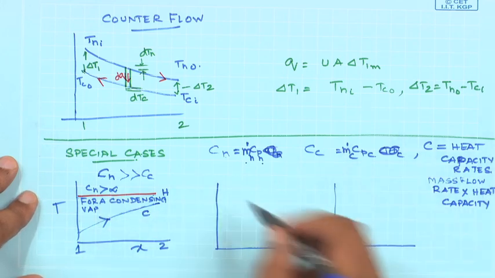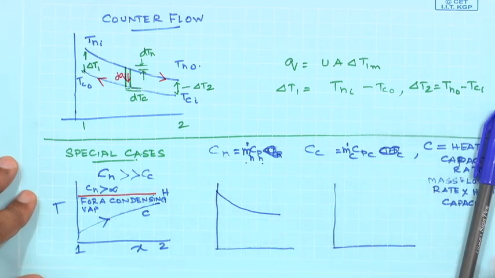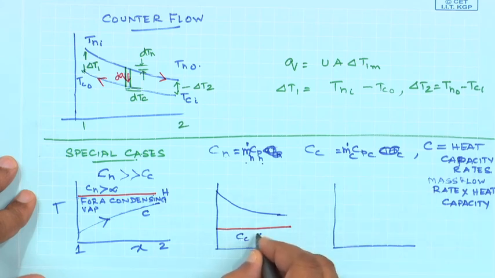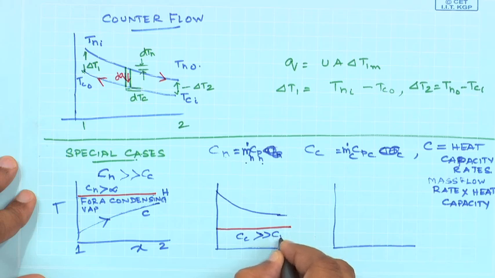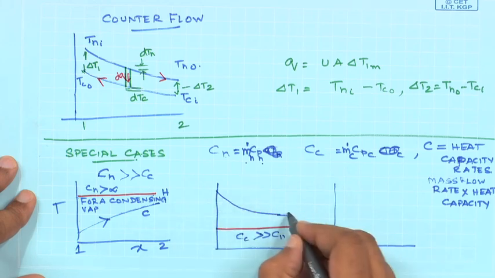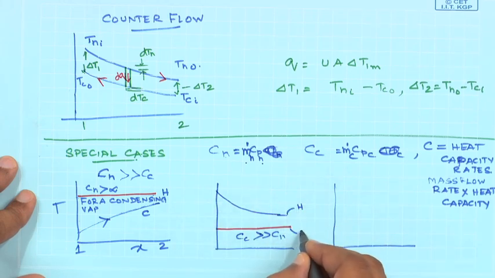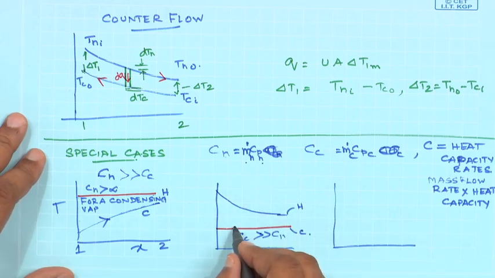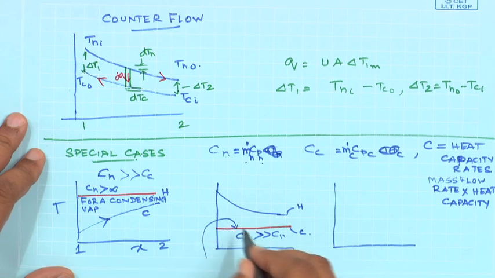The reverse is when you have C C very large as compared to C H. So, this is the hot fluid, this is the cold fluid, and this specific situation, a straight line, will arise when you have an evaporating liquid.